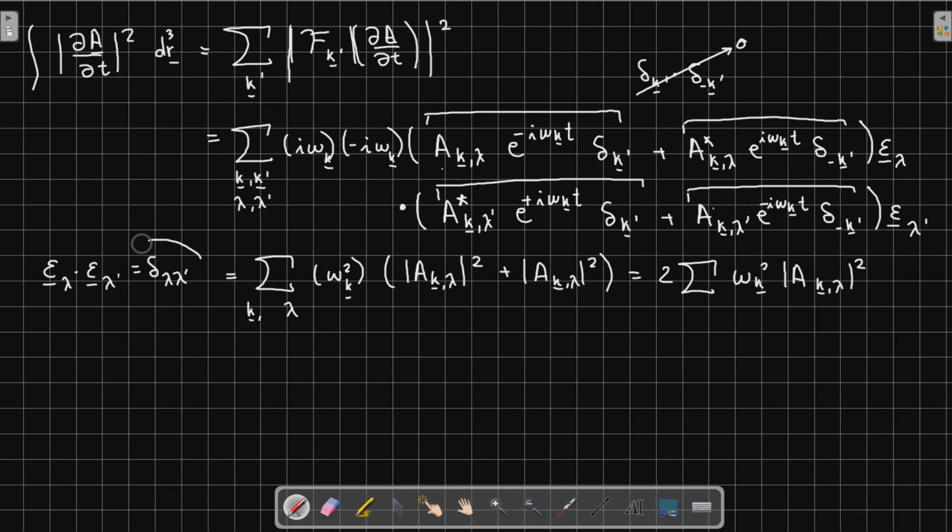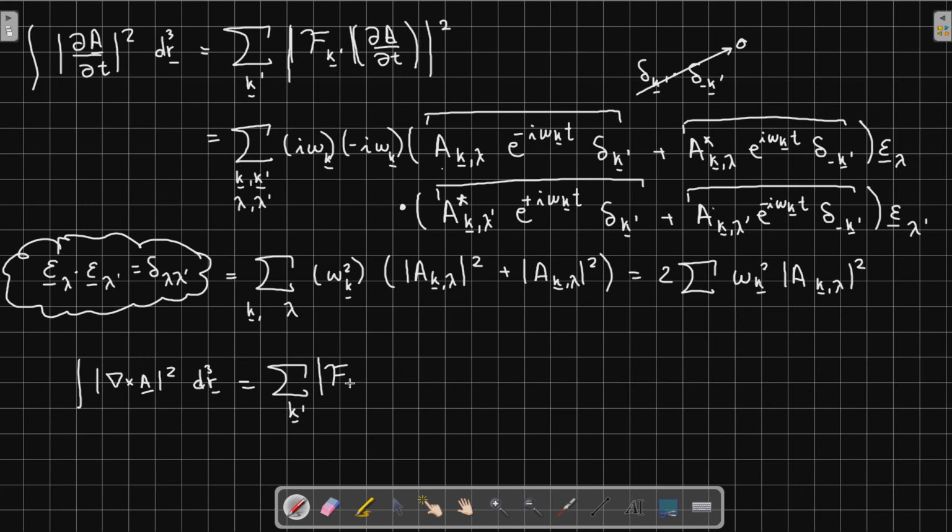So I find that the integral of this squared would be equal to the sum over k prime of the Fourier transform in k prime of the curl squared.